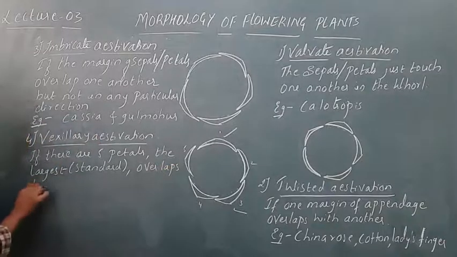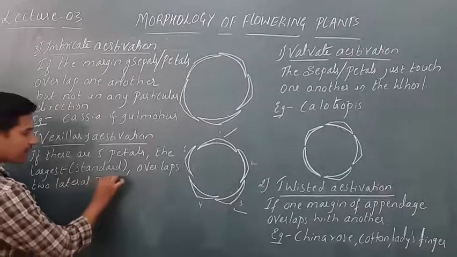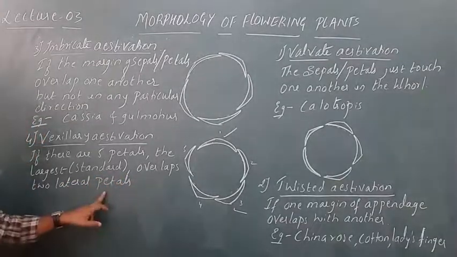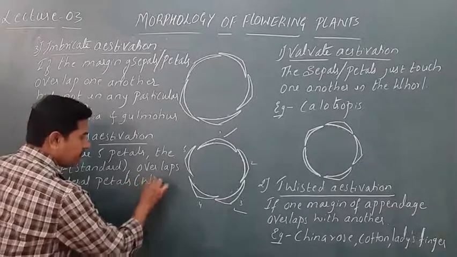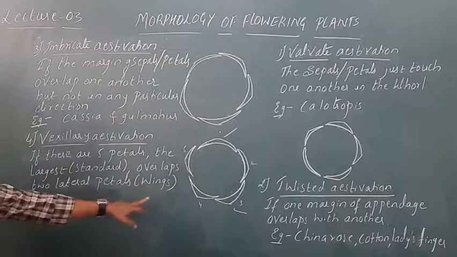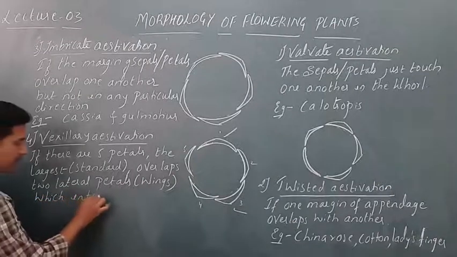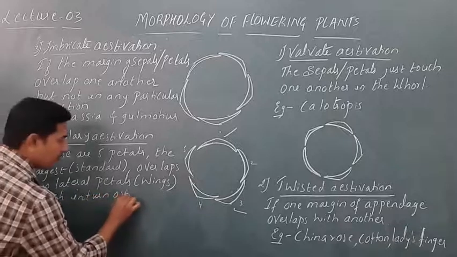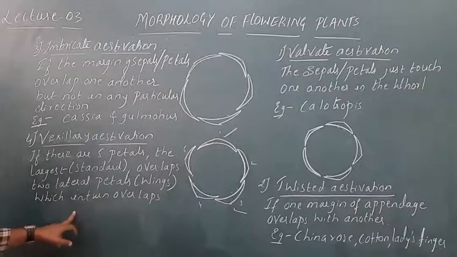Overlaps two lateral petals, and these lateral petals we call them as wings. It overlaps two lateral petals where we call them as wings, which in turn overlaps the smaller petals.